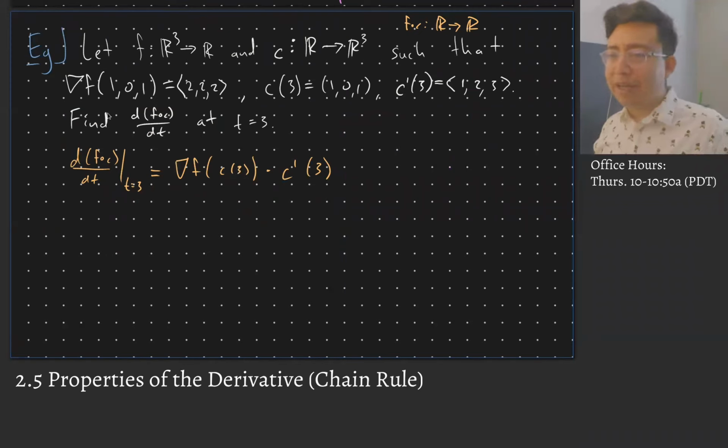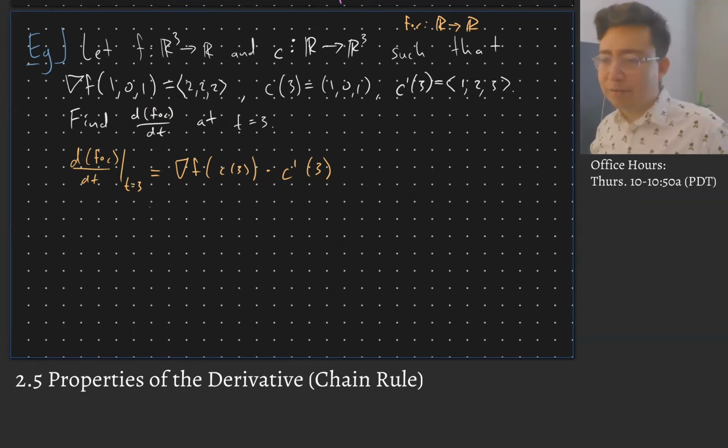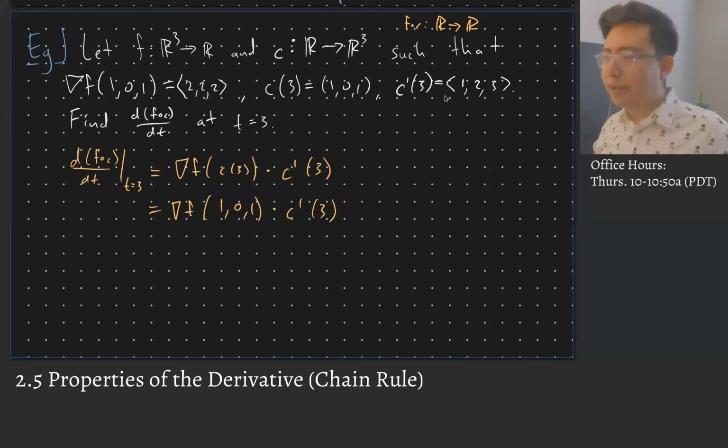But if we look up here, this becomes the gradient of f at, if we just start looking at the information they gave us, they told us what c of 3 is. So that's 1, 0, 1, dot product with c prime of 3. So now we have these two pieces of information, and those are exactly the two remaining pieces of information up there.